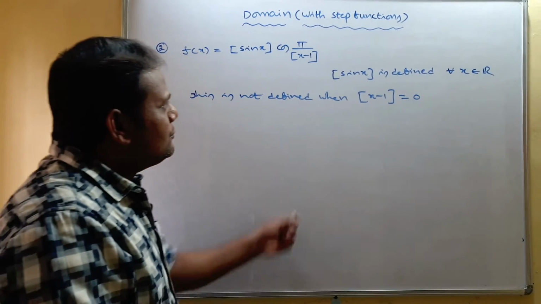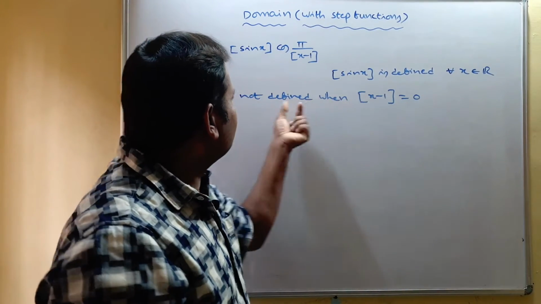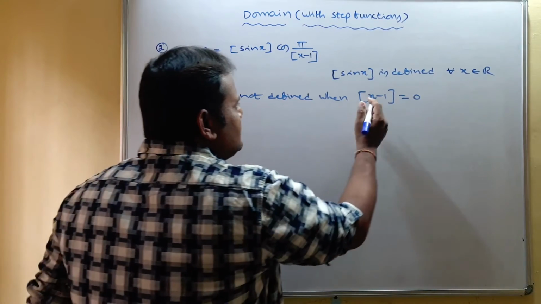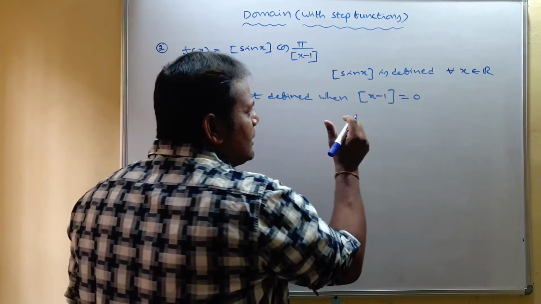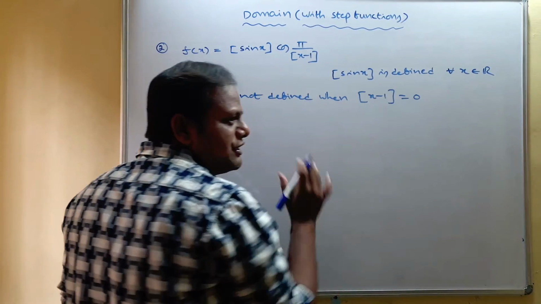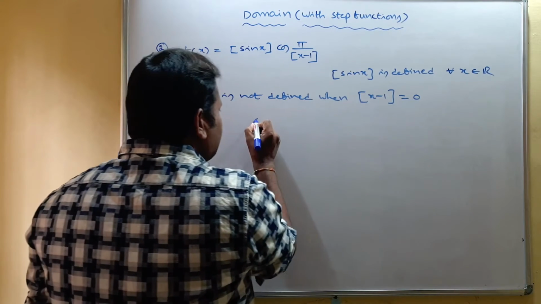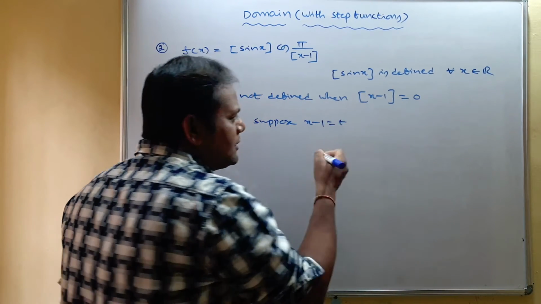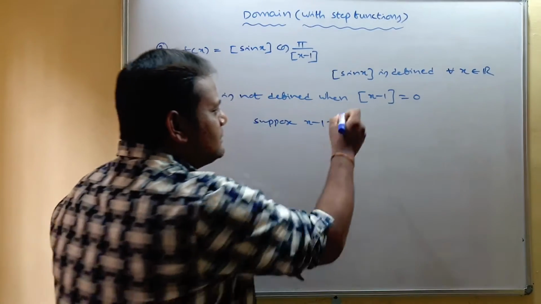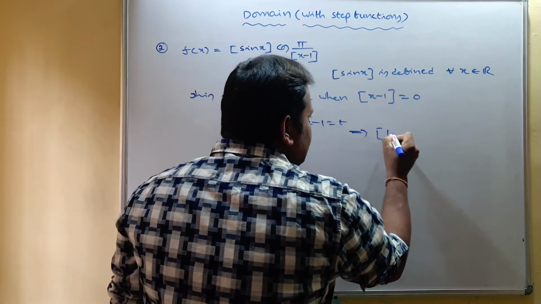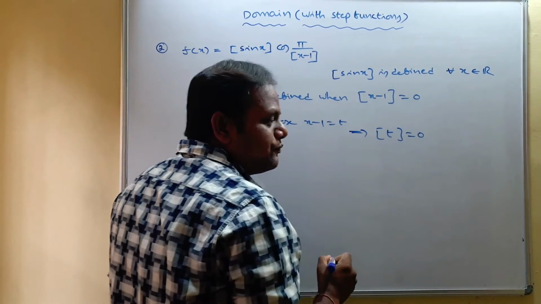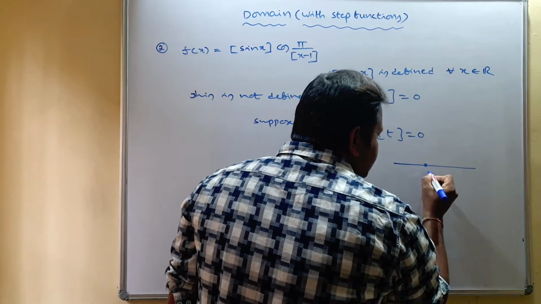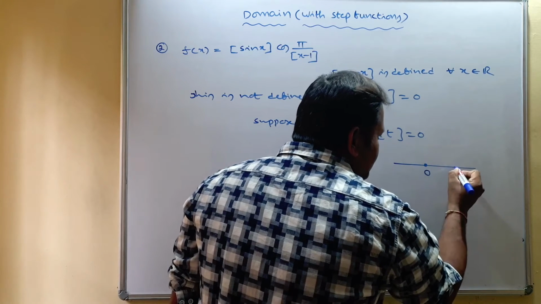To avoid confusion, suppose I take x minus 1 as t. Then this becomes [t] equal to 0. So [t] equal to 0 means t value is from 0 to 1.